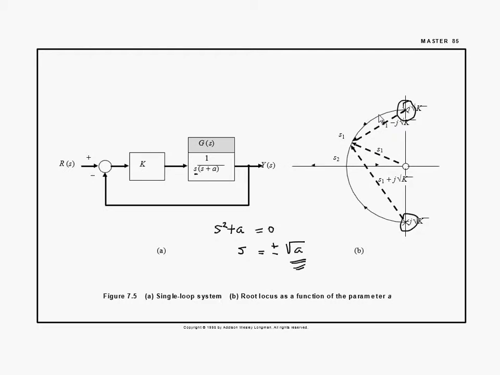We want to keep plotting the roots like that, and in this case that's what they do. See these arrows as they go, and then they go this way and that way. So for this particular system that you have on the screen, the system will never go unstable.